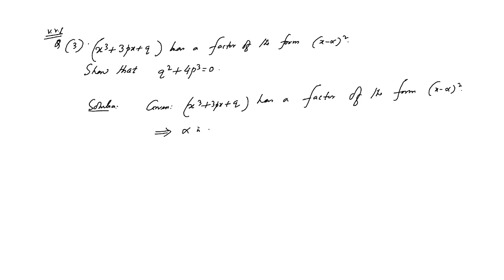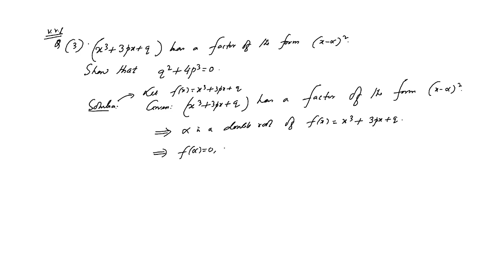That implies alpha is a double root of f(x) equals x cube plus 3px plus q. Okay, so here let f(x) equal x cube plus 3px plus q. What is the meaning of the double root? f alpha equals 0, f dash alpha equals 0, but f double dash alpha is not 0.